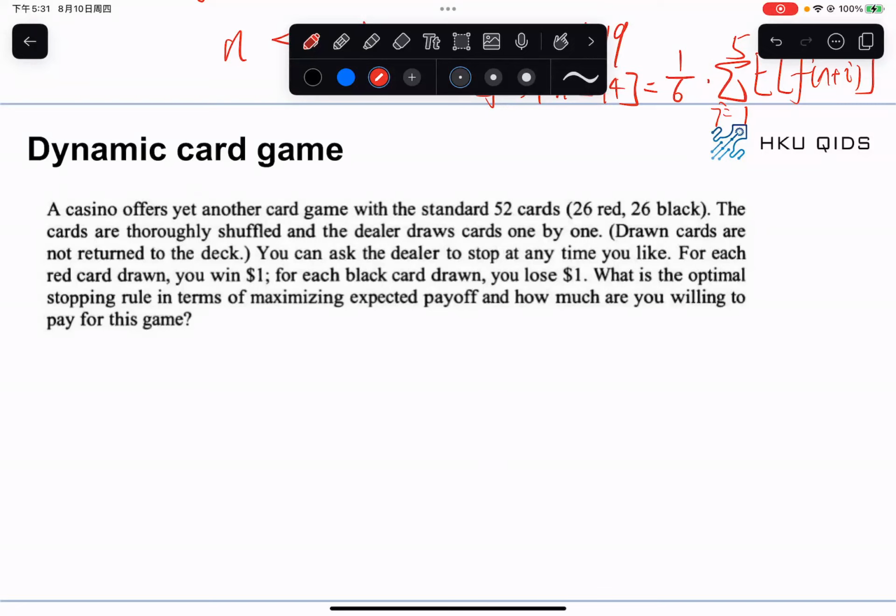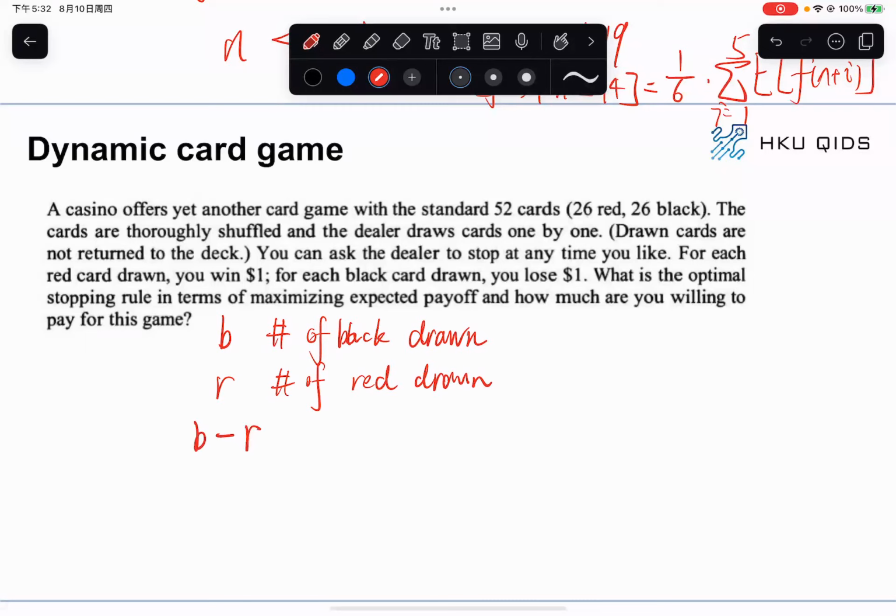So for this card game, if I denote B as the number of black cards drawn and R as the number of red cards drawn, our return is going to be what? It's just R minus B, right?